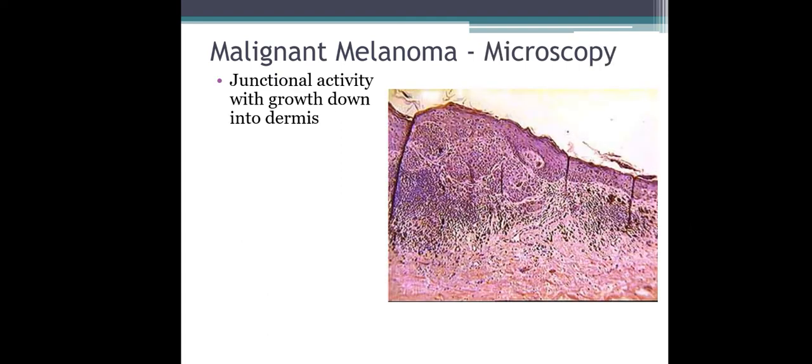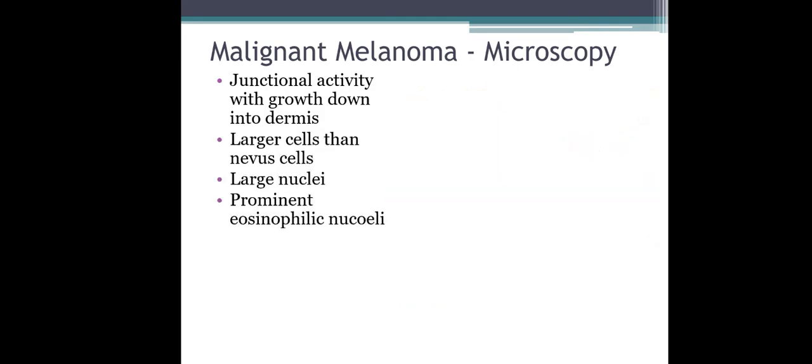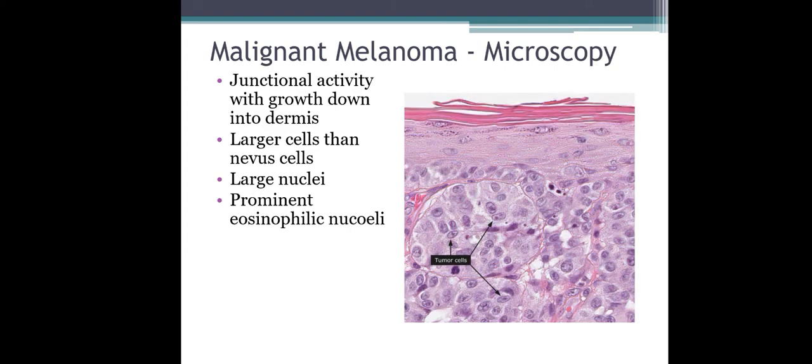Microscopically, what is the difference? You have malignant cells which infiltrate down into the dermis, that is the vertical growth phase. What is the morphology of the cells? They are very big cells compared to the nevus cells. They also have cytoplasmic melanin pigment, and sometimes they don't have this melanin pigment.